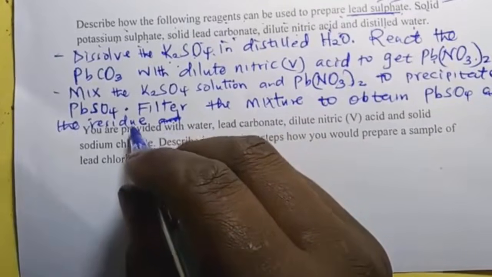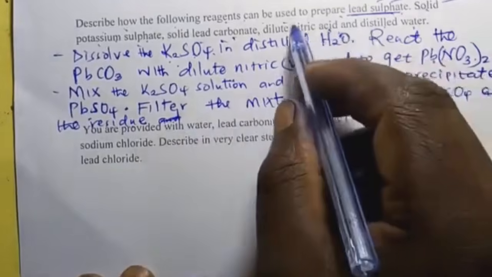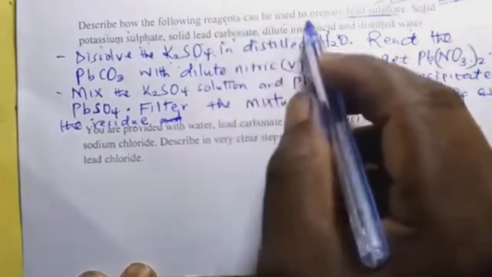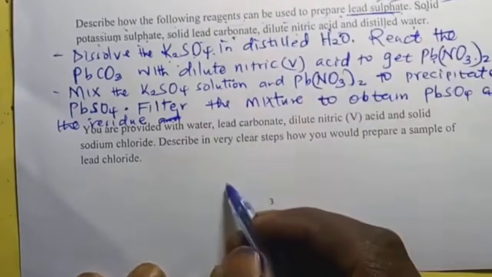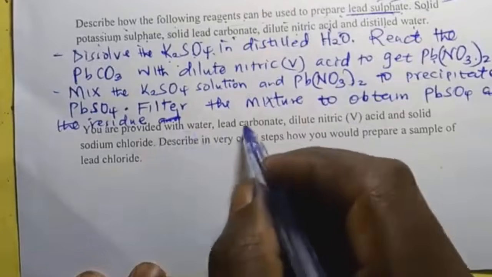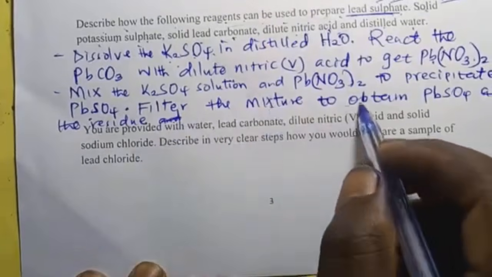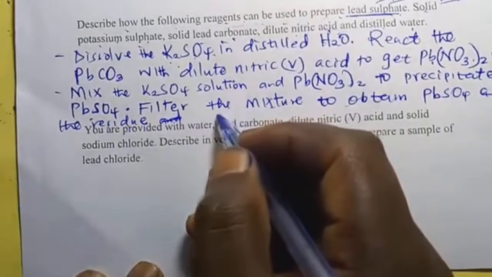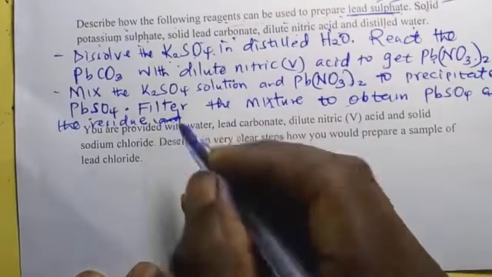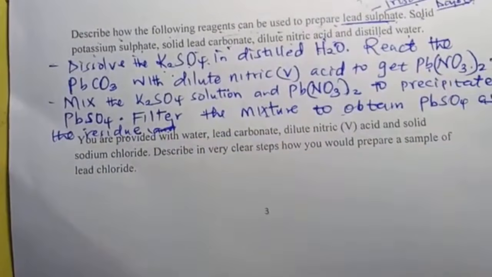Then what is next? Because we have used pure reagents to prepare the lead(II) sulfate, there is no need of washing. We can leave it at that point. So filter the mixture to obtain lead sulfate as the residue, and that is all. We stop at that point.